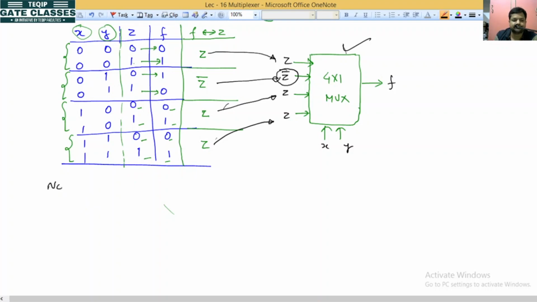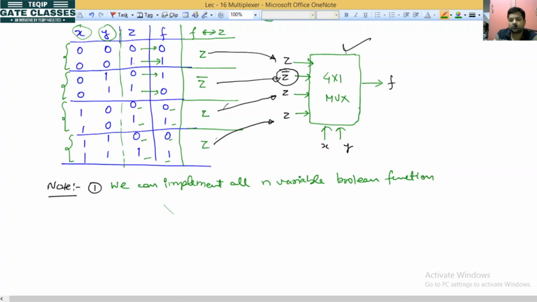So we have some points here. Note, the first point is we can implement all n variable Boolean functions with a 2 to the power n cross 1 mux.